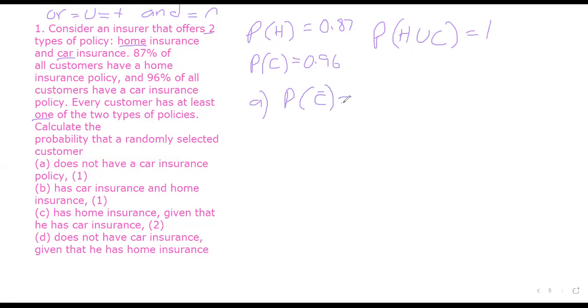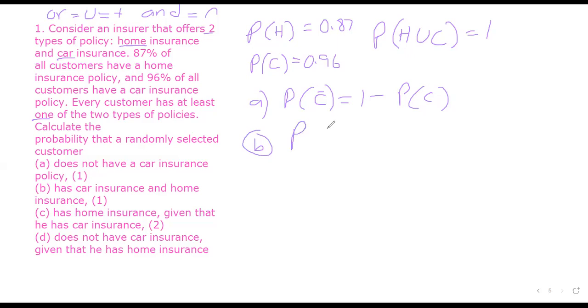And what is the formula for C complement? It is 1 minus what? 1 minus the probability of C itself gives the complement. All right. Then part B, what is the probability that he has a car insurance and home insurance? So what are they asking for?